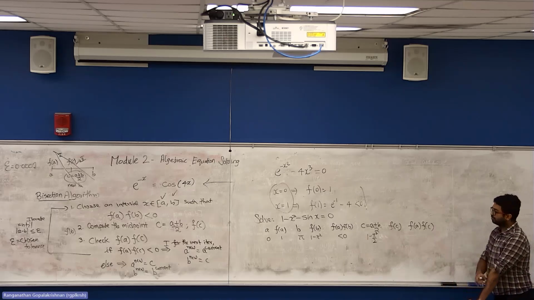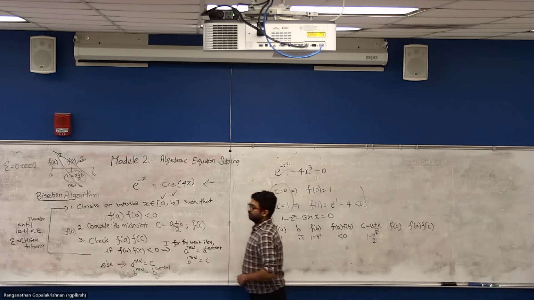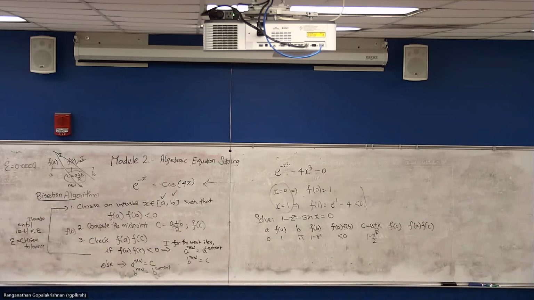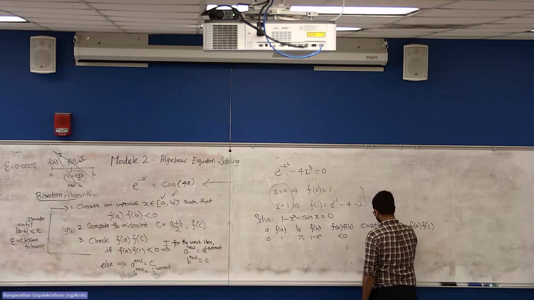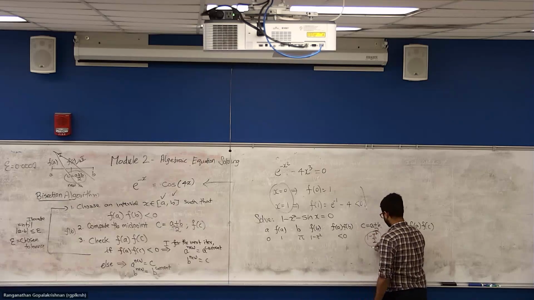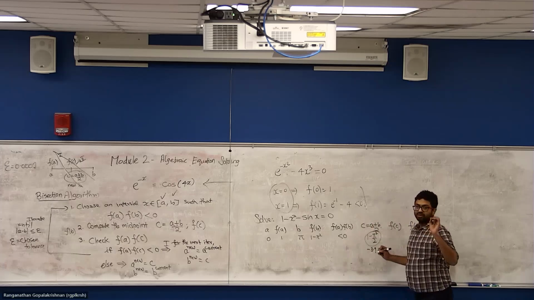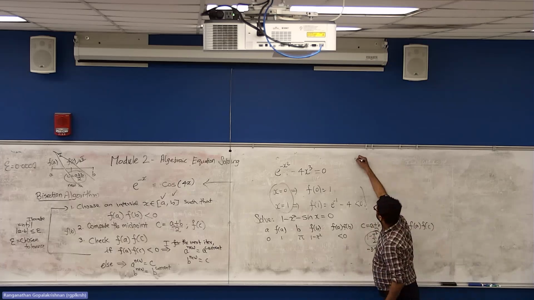Can you compute and tell me? Negative 3.9. So this number is negative 3. Can you tell more decimal points? Here is some suggestion.